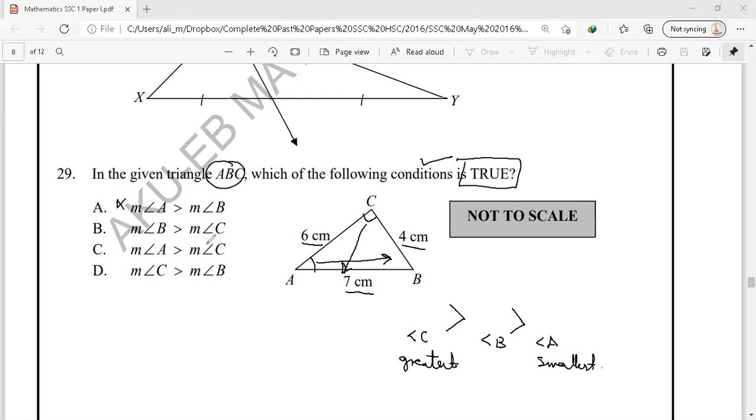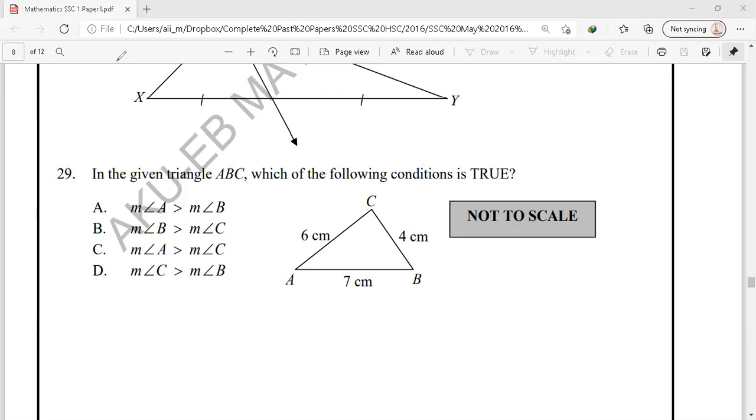Angle B greater than angle C. C is the greatest, so B cannot be greater than C. This is incorrect. Angle A greater than angle C. Angle A is the smallest, so it cannot be greater than C. So this is incorrect. The correct option we have is option D, that states that angle C is greater than angle B.